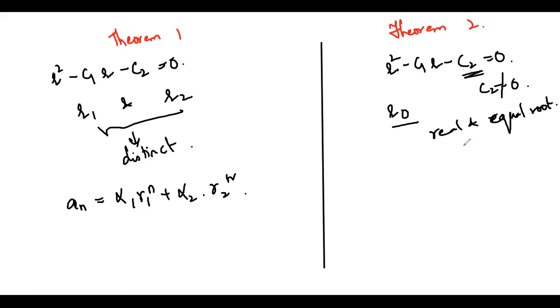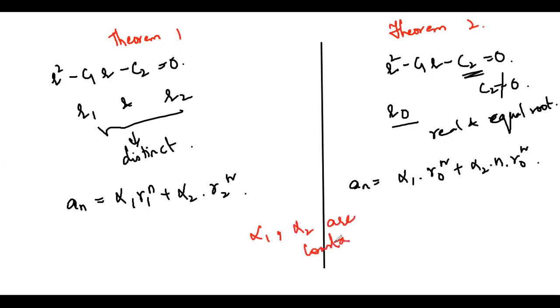Okay, C2 should not be equal to 0, and we have a real and equal root. Then your general solution will be An is equal to alpha 1 into r0 power n plus alpha 2 into n into r0 power n, where alpha 1 and alpha 2 in both the cases are constants. So let me just write it here. Alpha 1 and alpha 2 are constants in both the cases.